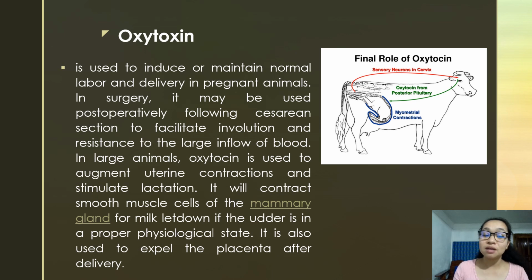In large animals, oxytocin is used to augment uterine contraction and stimulate lactation. It will contract smooth muscle cells of the mammary gland for milk letdown if the udder is in a proper physiological state. It is also used to expel the placenta after delivery.